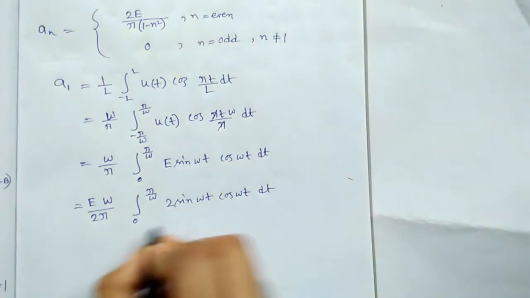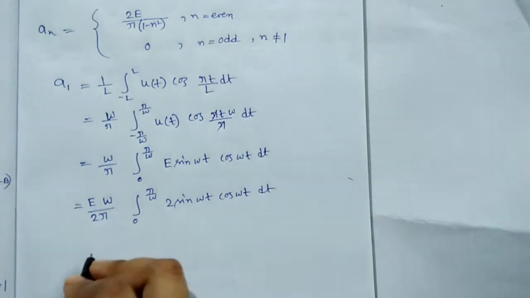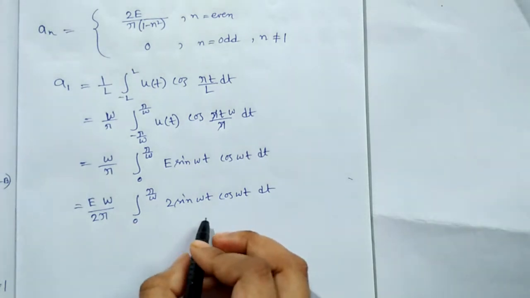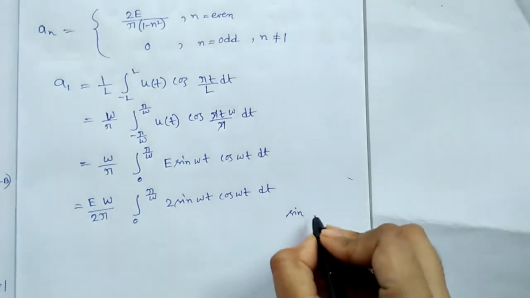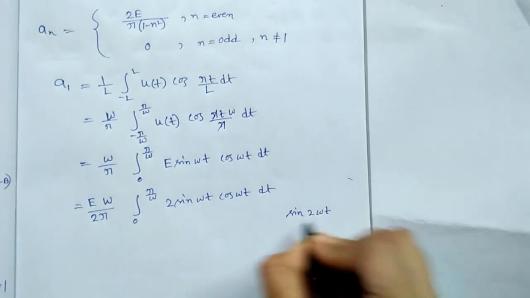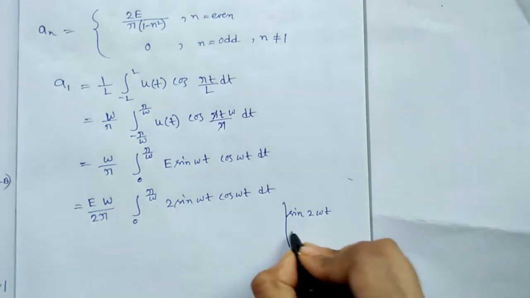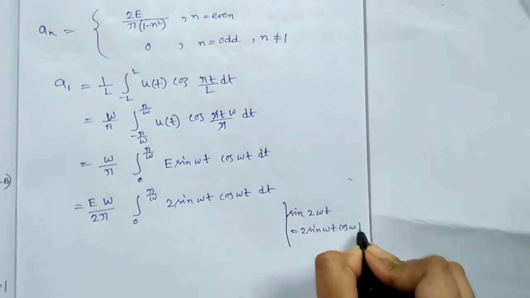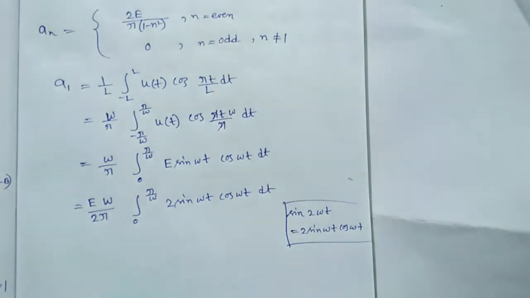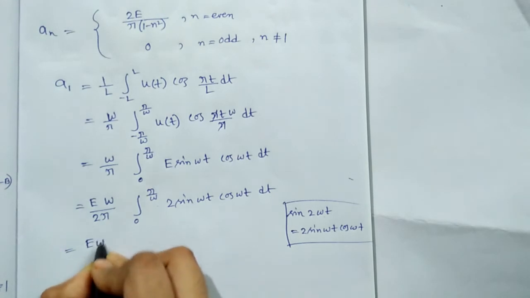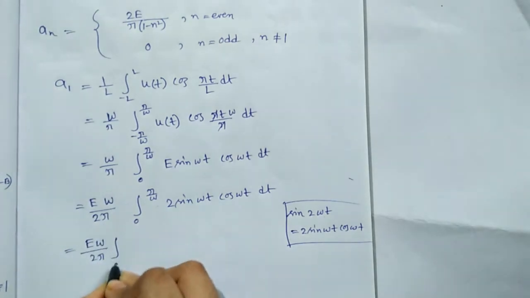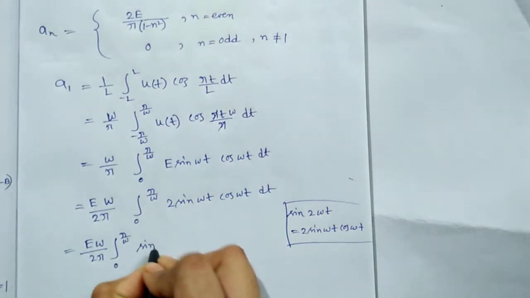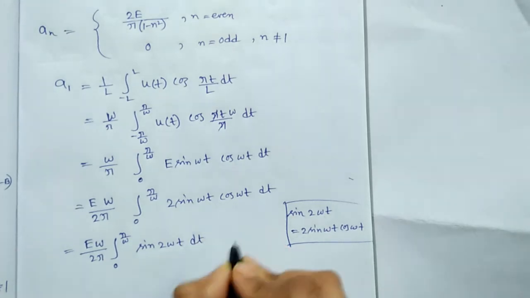Then, again, this is the formula. What is the formula? Sin 2 omega t means 2 sin omega t cos omega t. So we get e omega by 2 pi, integration 0 to pi by omega, sin 2 omega t dt.